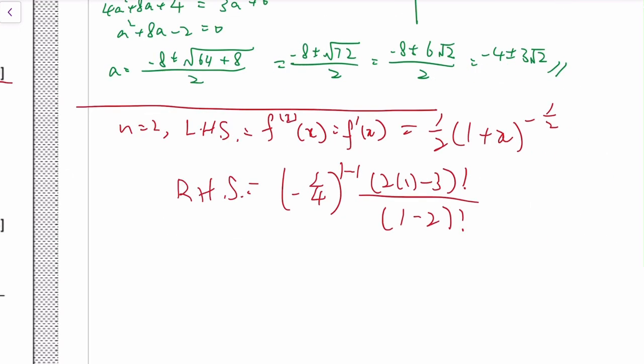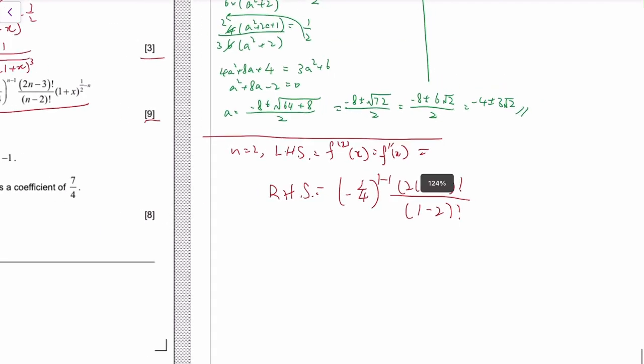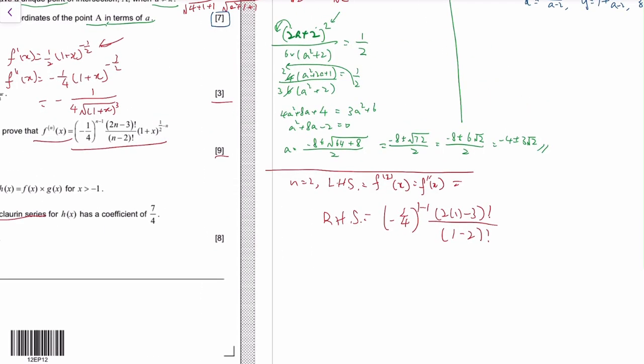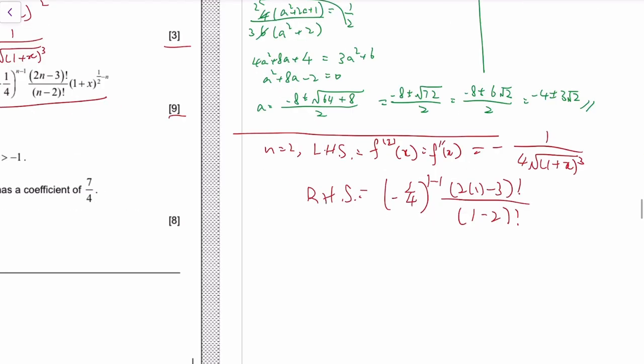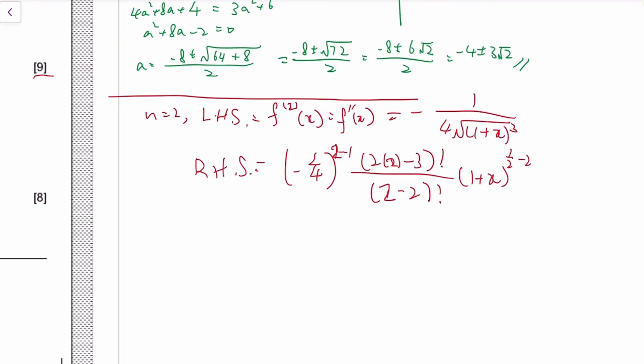So this 2 is for the second derivative. That's why part A asks you to get the second derivative directly. Yeah, it makes sense. So negative 1 over 4 square root 1 plus x to the power 3. So n is actually 2. So this is 2, this is 2, this is 2. 2 minus 2 is 0. 0 factorial is defined to be 1. So 0 factorial is actually possible. Negative factorial, not so much.